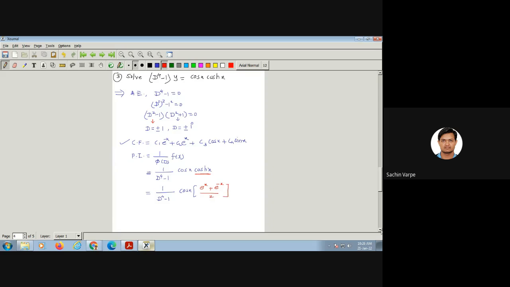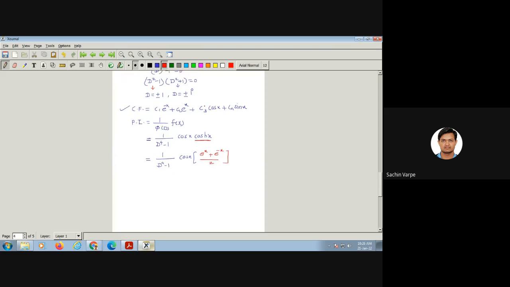Yes or no? This is the formula for hyperbolic cos. And now when I take this 1 by 2 outside the operator directly, and multiply by cos inside, I'll be getting functions like this: 1 upon D raised to 4 minus 1 e raised to x cos x plus 1 upon D raised to 4 minus 1 e raised to minus x cos x. Is this step clear?